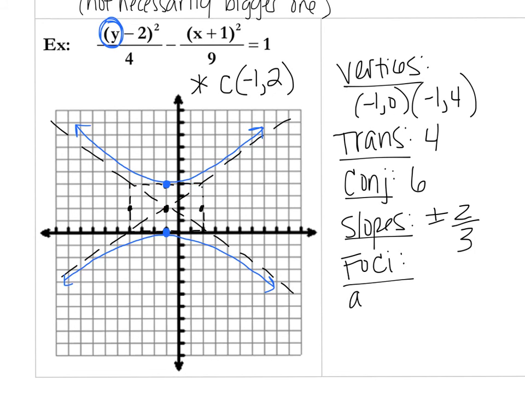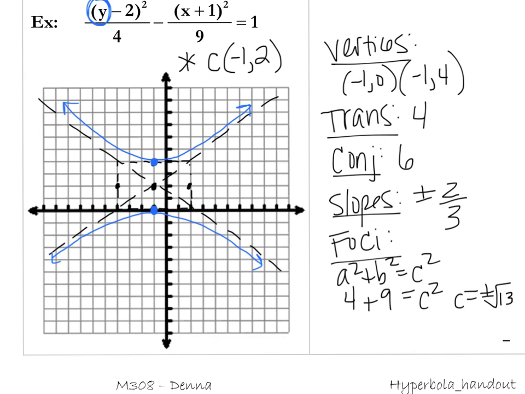All right, so I'm going to do a squared plus b squared equals c squared. Remember, a squared is always first for the hyperbolas, even though it doesn't matter because you're adding. So I get c equals plus or minus radical 13. Okay, so from there, what's radical 13? That is between 3 and 4, right? So like 3.5.